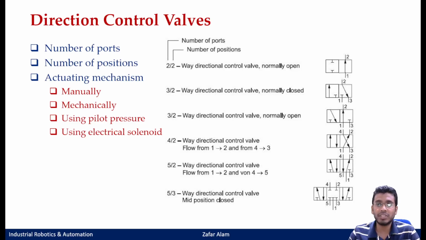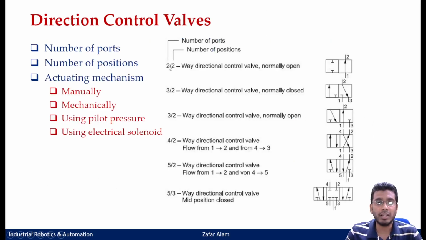So if the spool's position is such that both these ports are blocked, as in this first one here, then when by any mechanism the spool shifts towards the right or to the left, it may happen that both these ports on your valve get connected. That actuated position is being shown here.